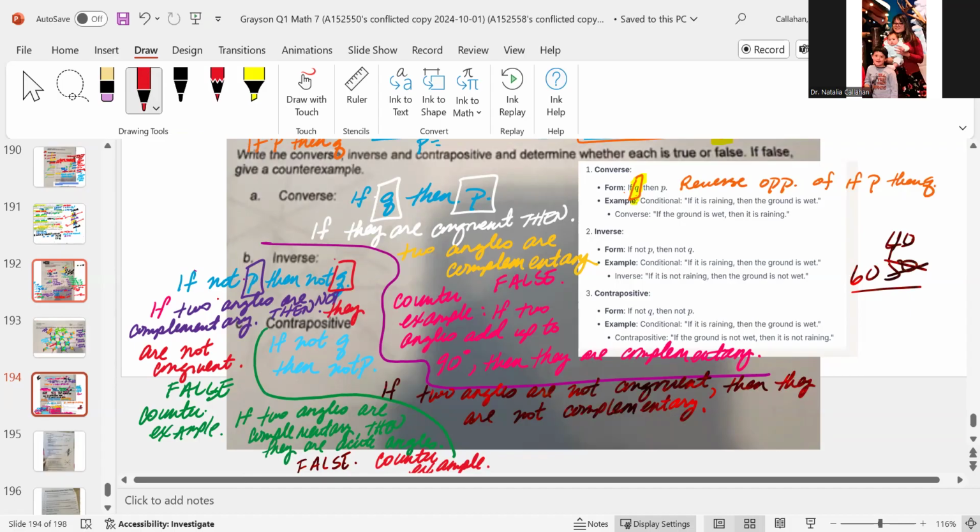If two angles are not congruent, well, you could say something like, if two angles are complementary, then they are not obtuse angles.